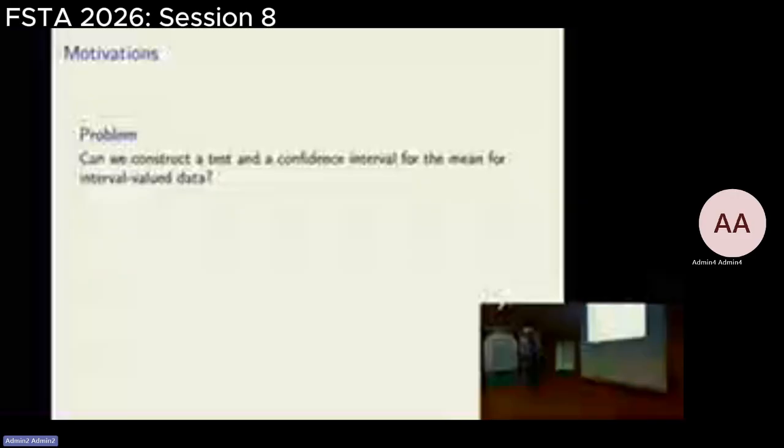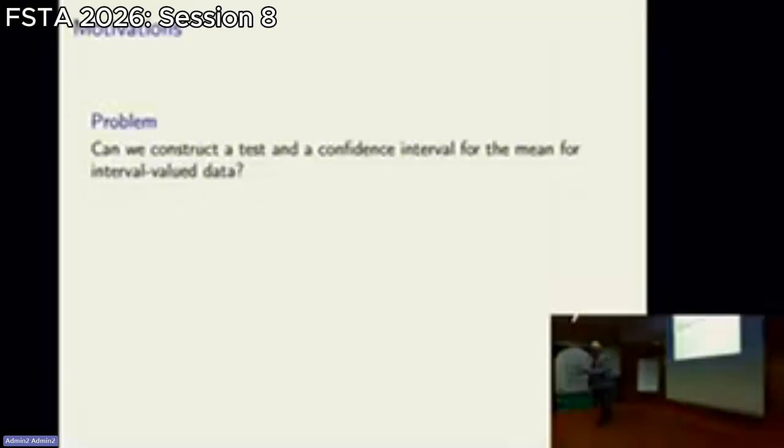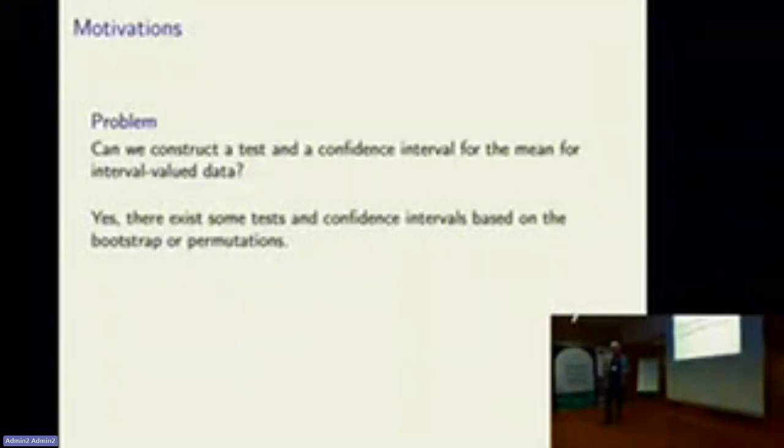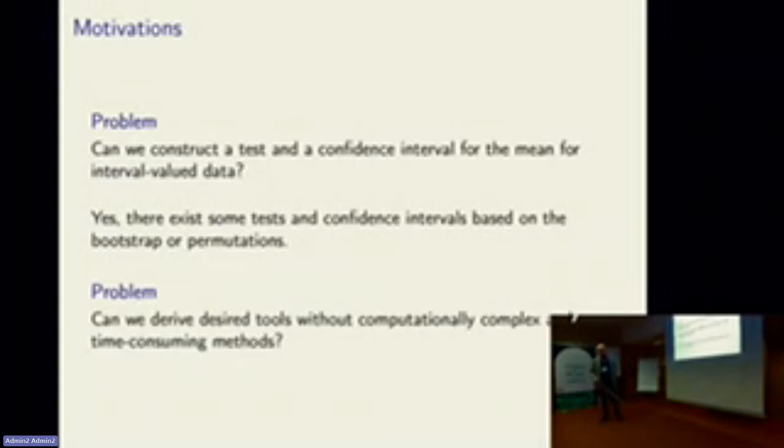A natural question arises: can I construct similar tests and confidence intervals for interval data as for real valued data? Of course, yes. A few years ago I also discussed this topic, but these approaches are mainly based on resampling methods like bootstrap and permutations.